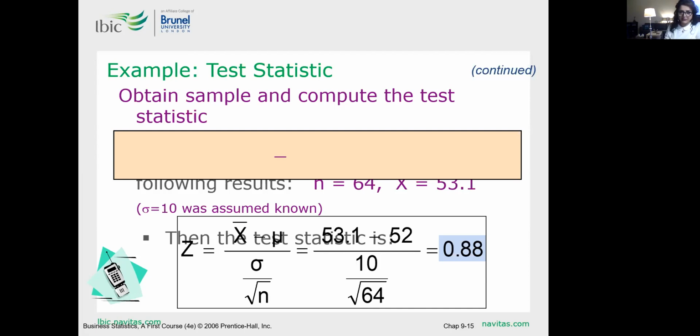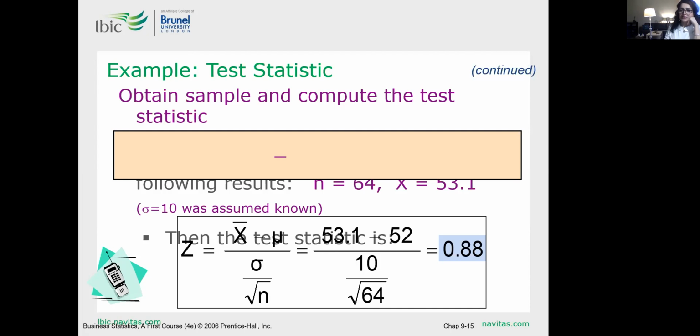So here is another example, in which the standard deviation is 10 and is known. We have a sample size of 64, and a sample mean of 53.1, right? So we know that sigma is known, and we are able to use the z statistic.